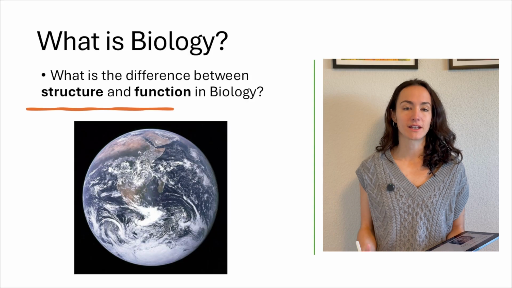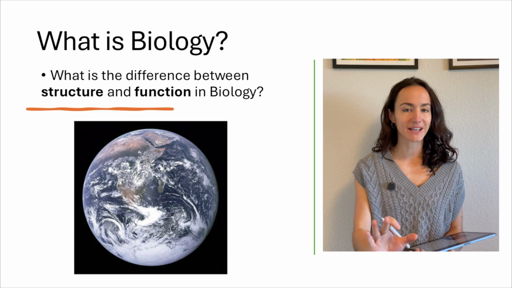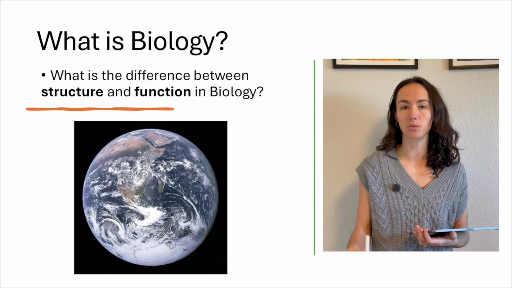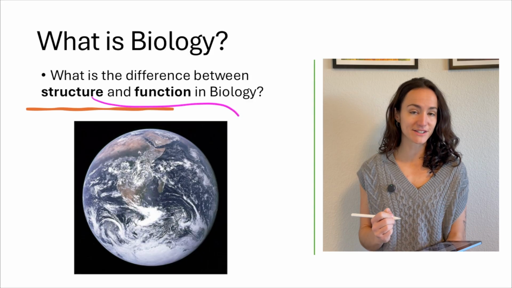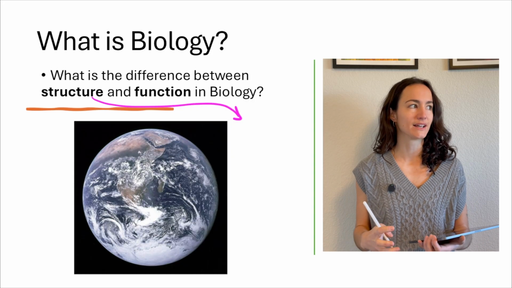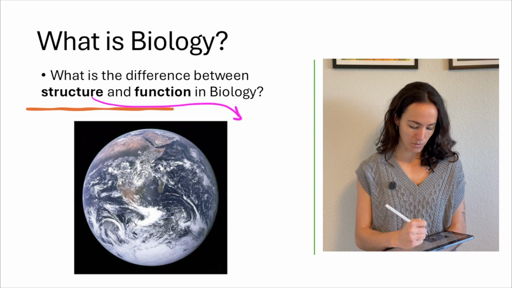One theme that we'll be talking about in this class is the difference between structure and function. So if you can, take a minute and pause the video and try to think of words that you associate with structure and words that you associate with function. When I ask this to students in class, a lot of times when we think about the word structure, we think about, if we were thinking about a house, it'd be like the foundation, the walls, what something's made of.